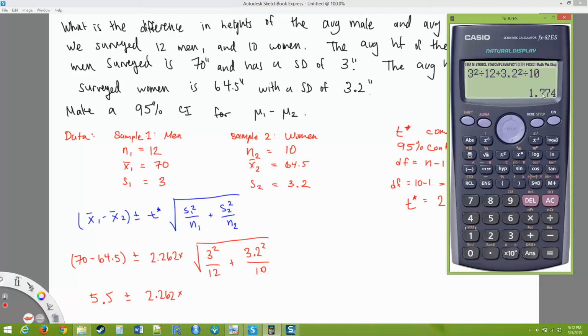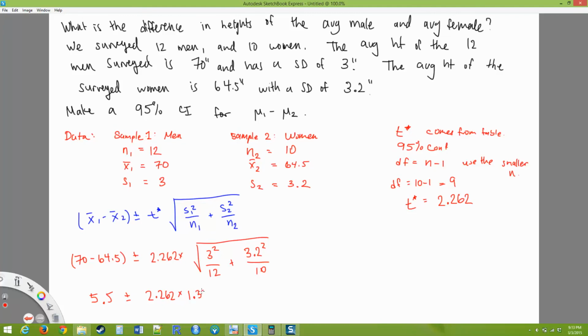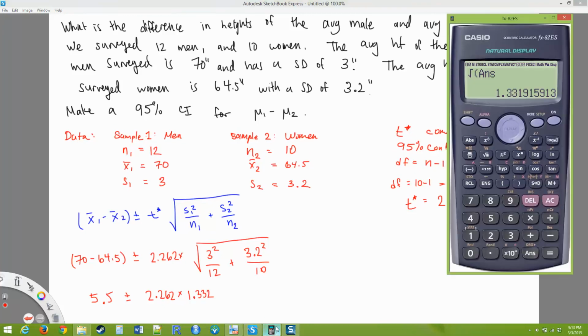Okay, and I get 1.774, and I want the square root of that. So I get 1.3319, or 1.332. And I multiply that by 2.262. So I have 5.5 plus or minus basically 3.01.